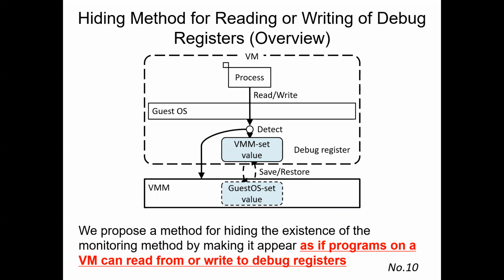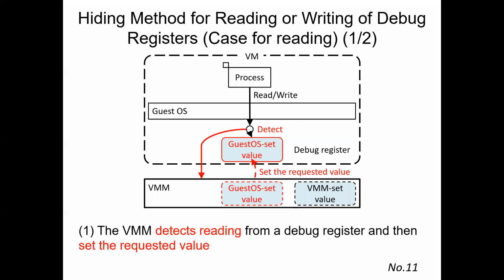Next, I'd like to talk about the overview of our proposed method. We propose a method for hiding the existence of the monitoring method by making it appear as if programs on the VM can read from or write to debug registers. We show some details for the case of reading debug registers from processes on the VM.